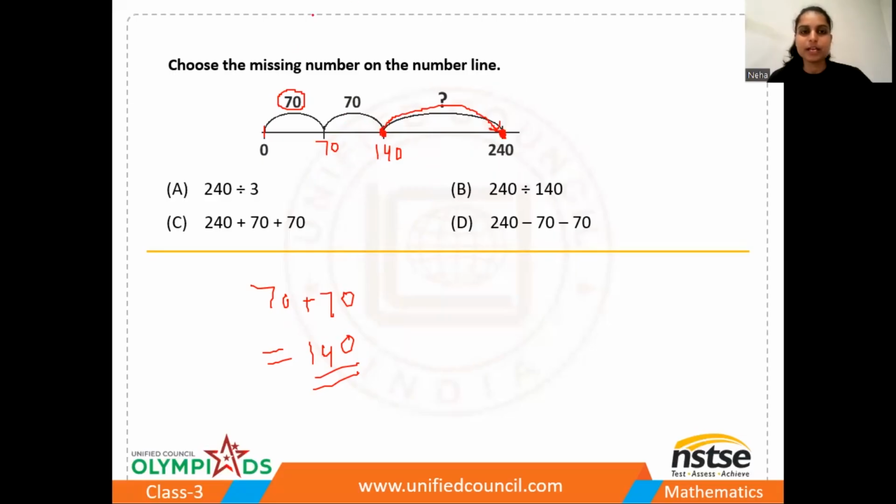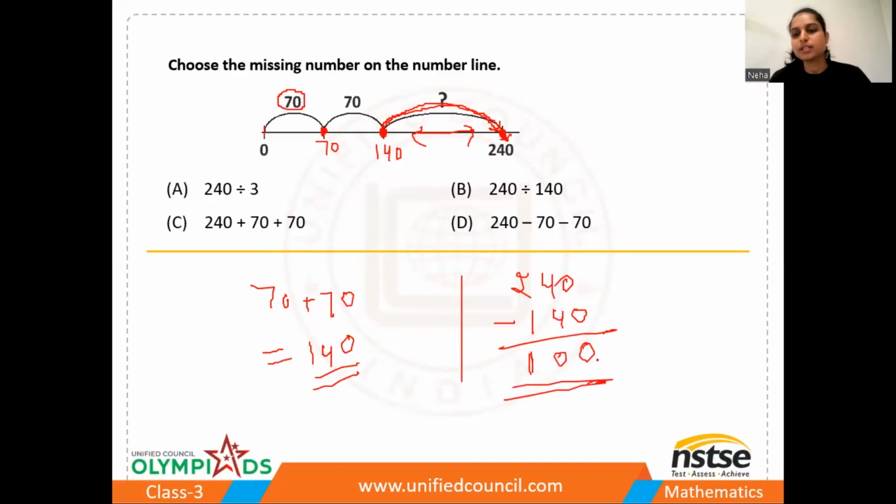I'm going from 140 to 240, right? So this is nothing but 240 minus 140. So this is 0, this is 0, 2 minus 1 is 1. So this is 100. So yes, I can say that 100 is your right answer.